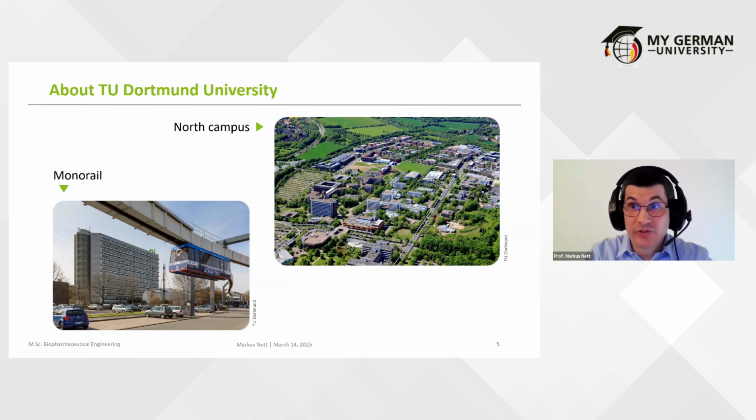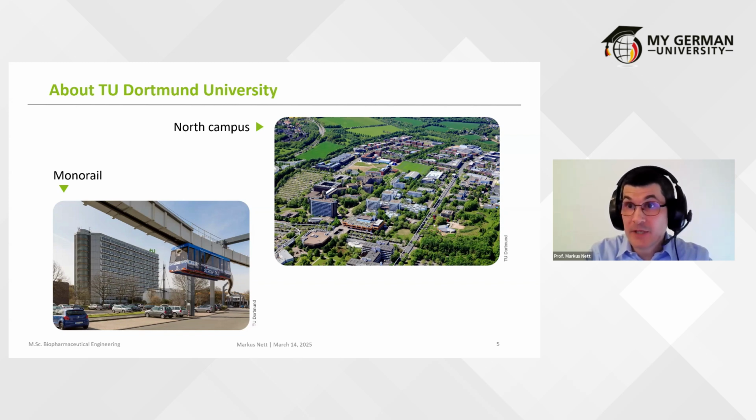The university consists of 2 campuses, a north campus and a southern campus, which are connected by an automated hanging monorail system, which is free to ride for students. And you can see this monorail system also on the lower photo on the slide.